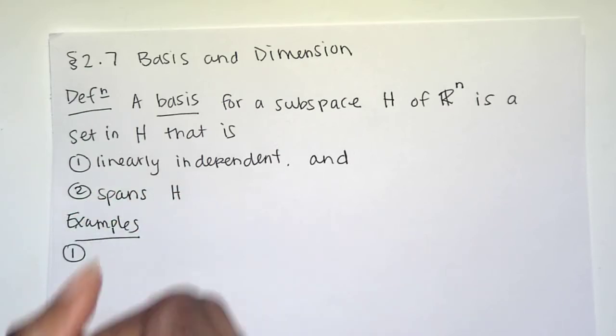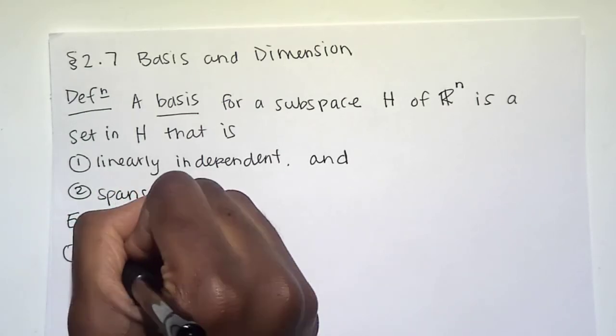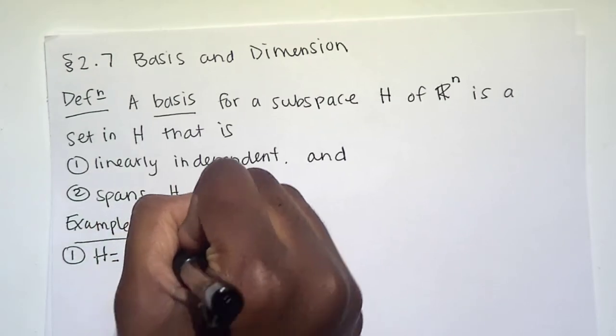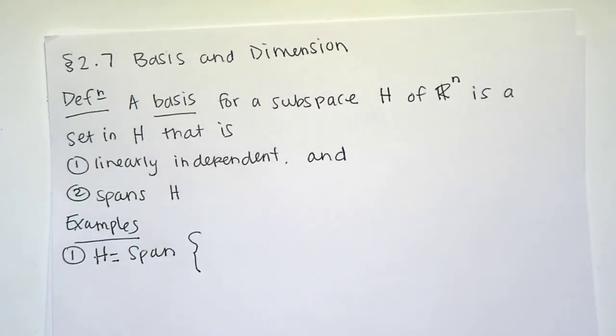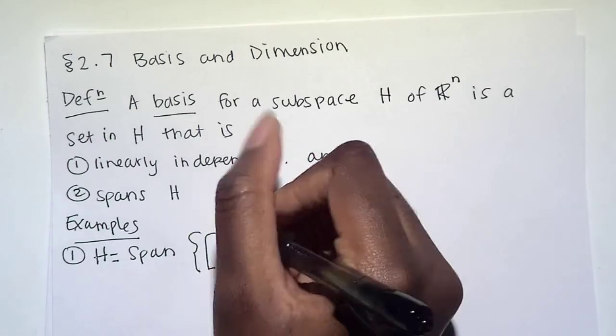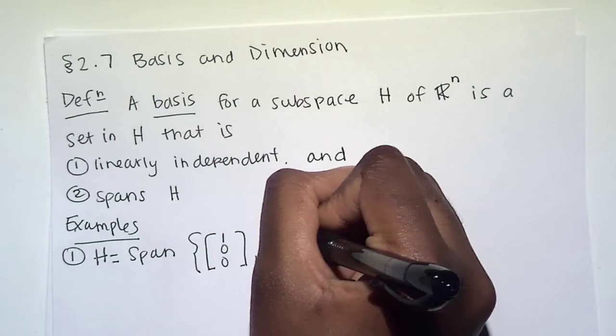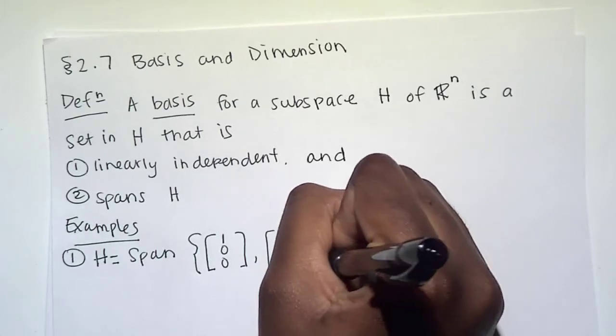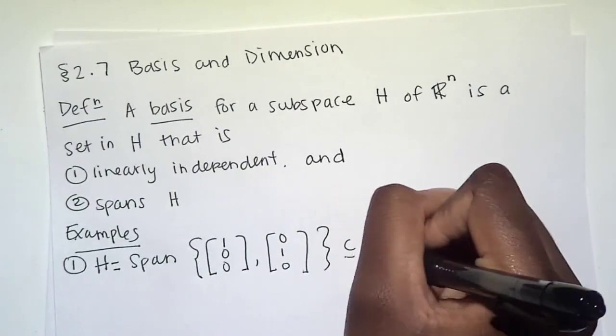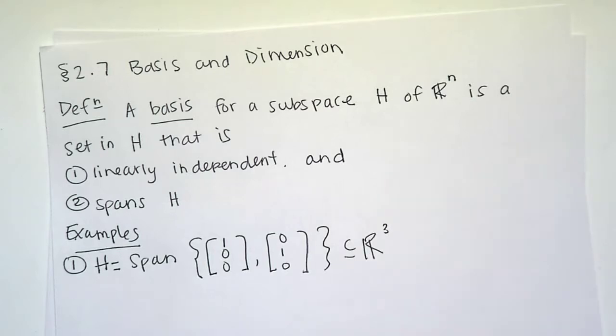All right, first example, let's say we have a subspace and it is the span of these two vectors. All right, and this is a subspace of R3.